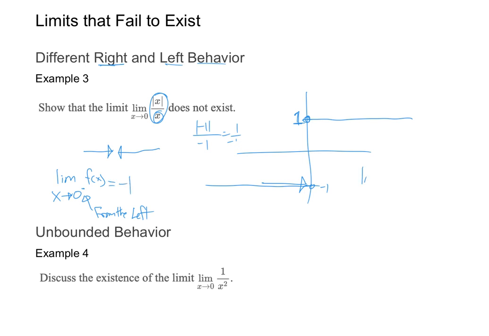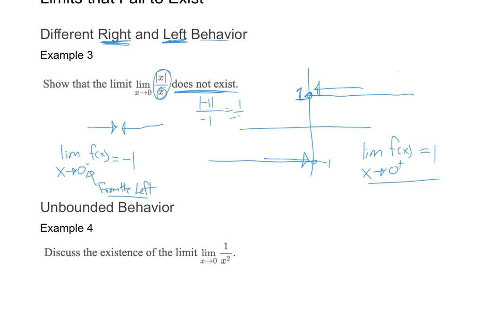And the limit of f of x as x approaches 0 from the right, our symbol is a plus sign because it's from the more positive direction up here, equals 1. So if the left-sided limit and the right-sided limit do not equal each other, this limit does not exist.